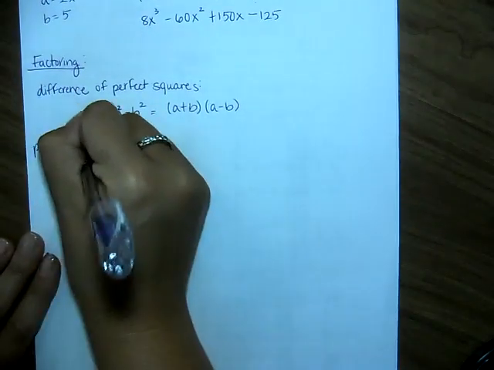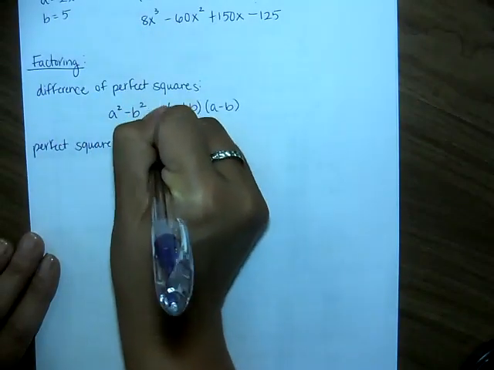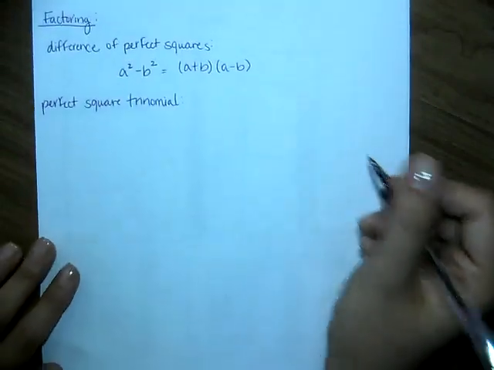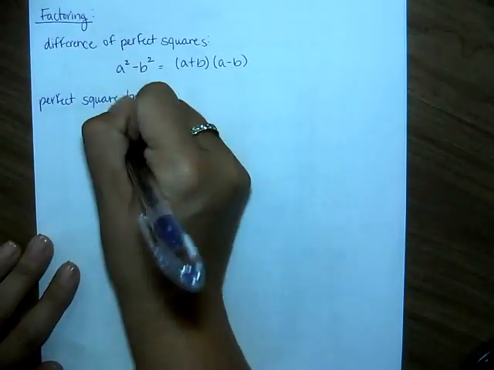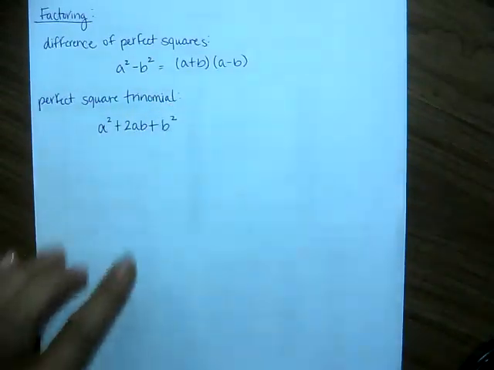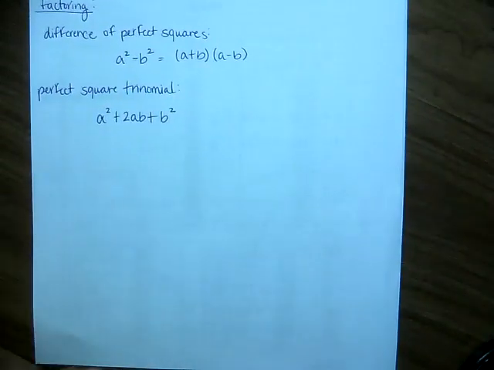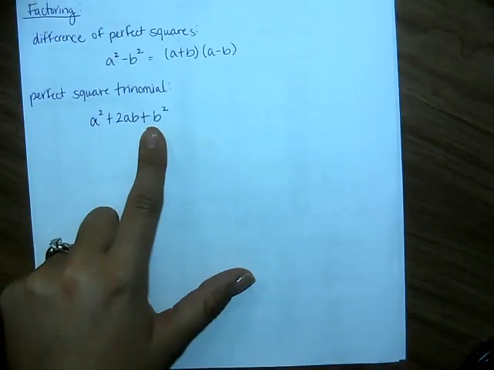Okay, a perfect square trinomial. So let's say you had a squared plus 2ab plus b squared. So I recognize that this is a perfect square trinomial because, first of all, I have 3 terms.